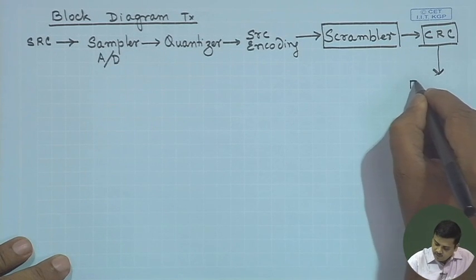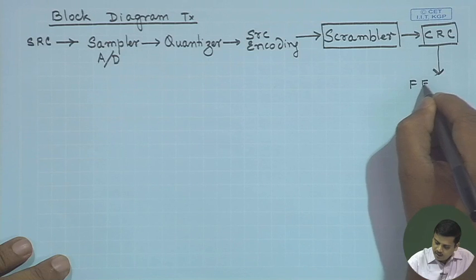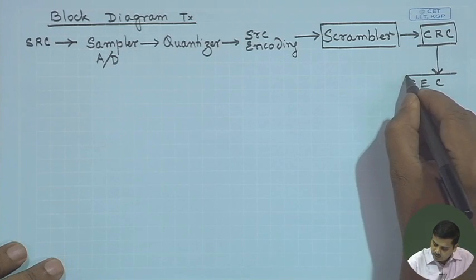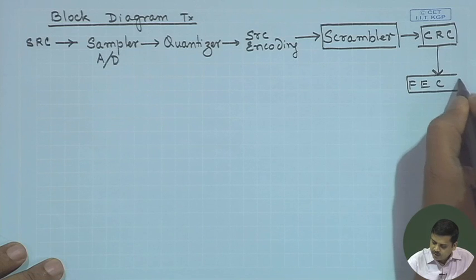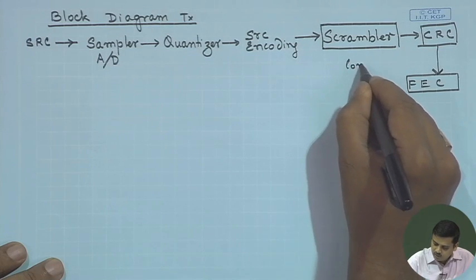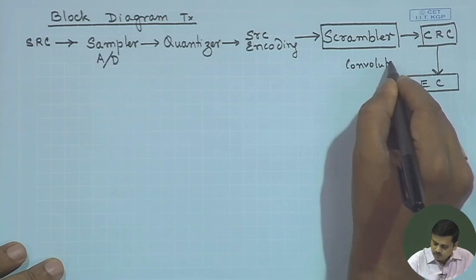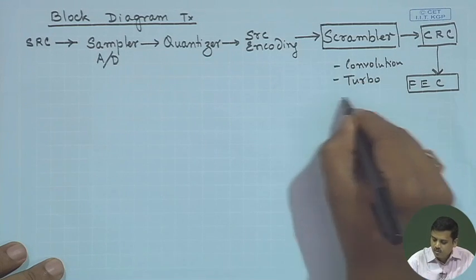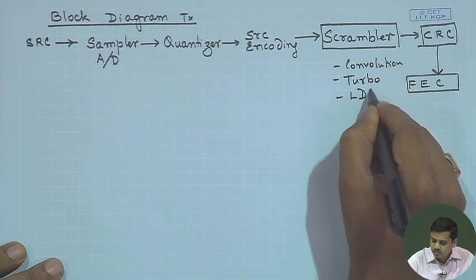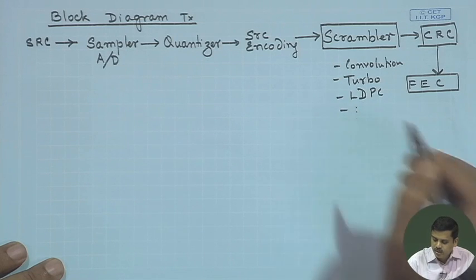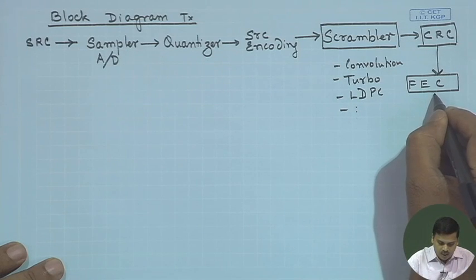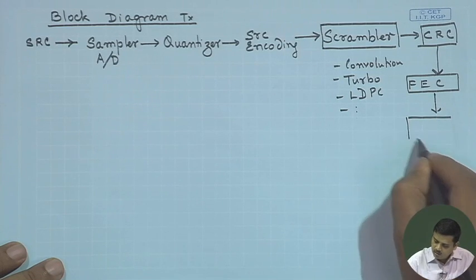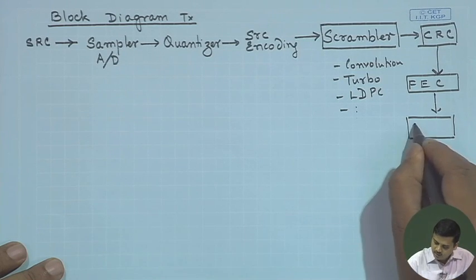Then you can have a forward error correction code block, which adds error correction code. Some of the examples of forward error correction code could be convolution codes, could be turbo codes, could be LDPC codes, and there are so many other codes. After the forward error correction code, you would have a block known as the interleaver.